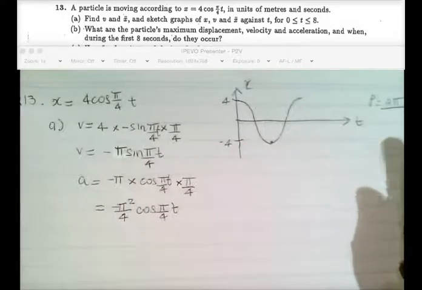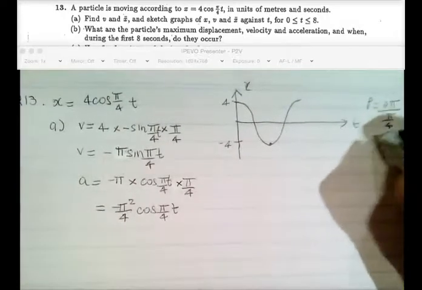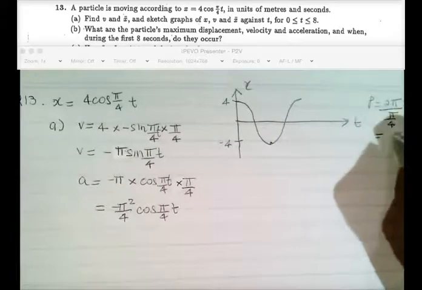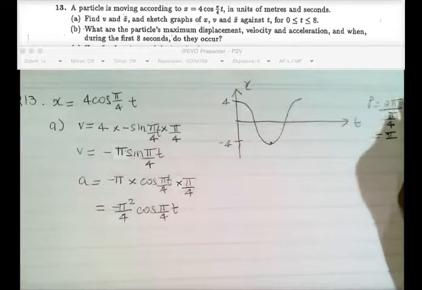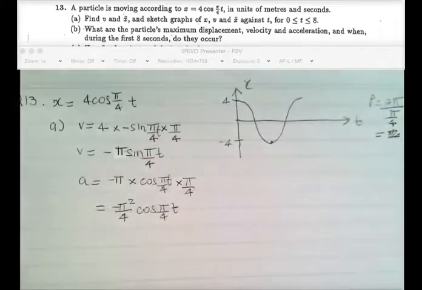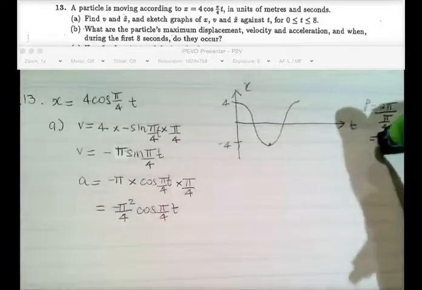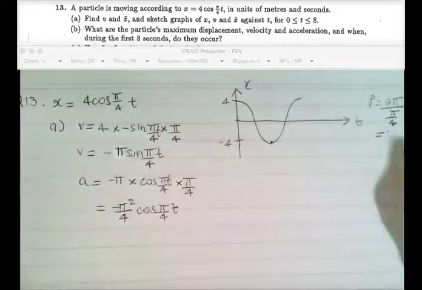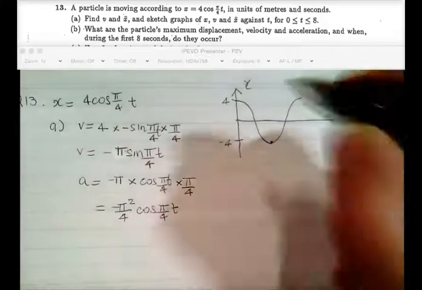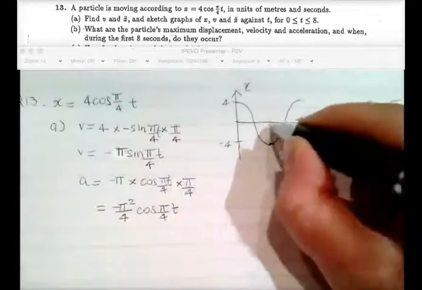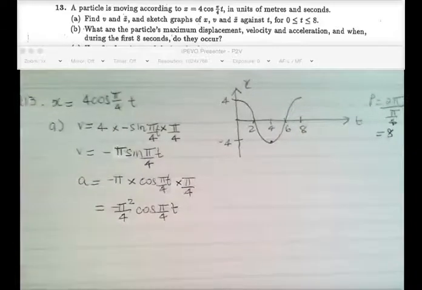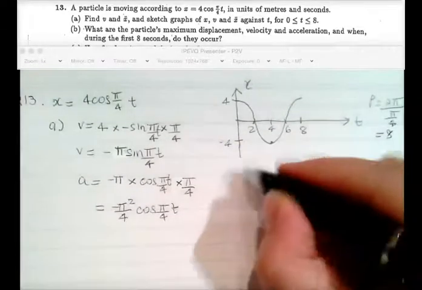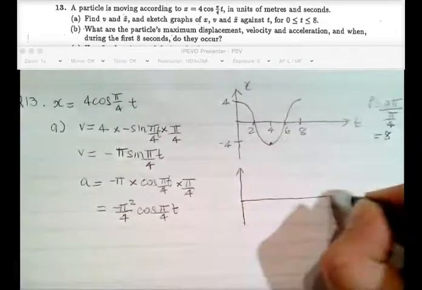So it's 2 pi divided by pi on 4, which is 2 pi times 4 on pi, which is 8. So therefore the period is 8 seconds. So therefore this here is 8 seconds, this is 4 seconds, that's 6, and that's 2, okay?